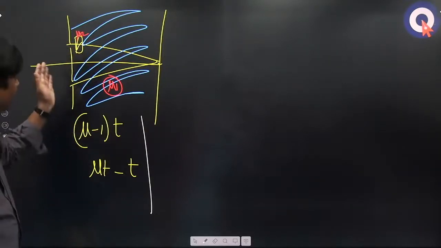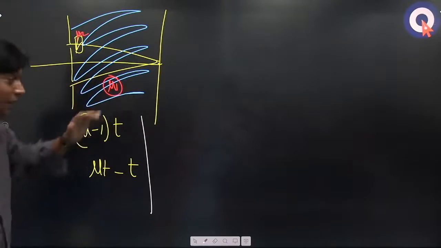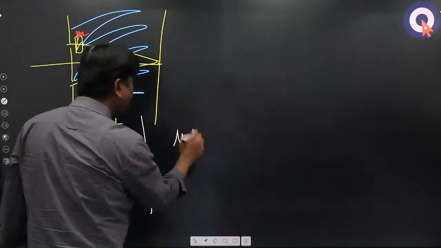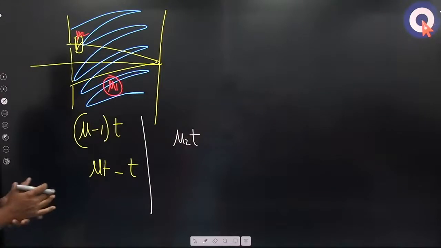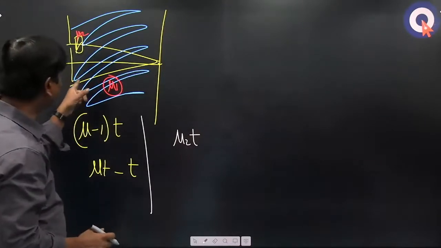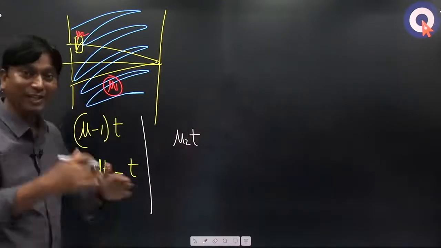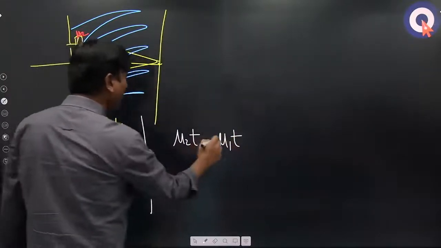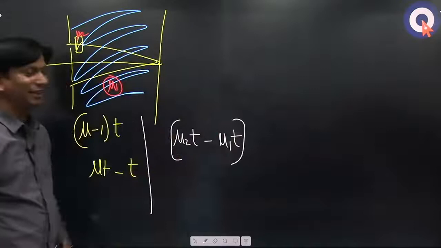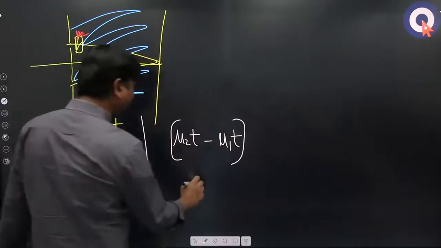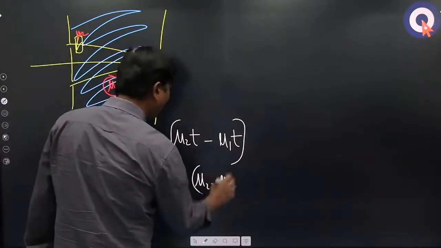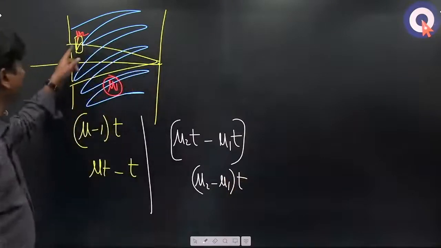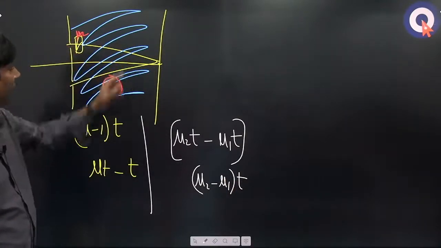So how much is the equivalent distance in air? It is nu 2 into t. Similarly, here the same t distance it will travel in nu 1, so equivalent in air is nu 1 into t. So now you will get the path difference like this. This is how I am getting nu 2 minus nu 1 into t, provided this was traveling in slab nu 2 and the remaining is air.